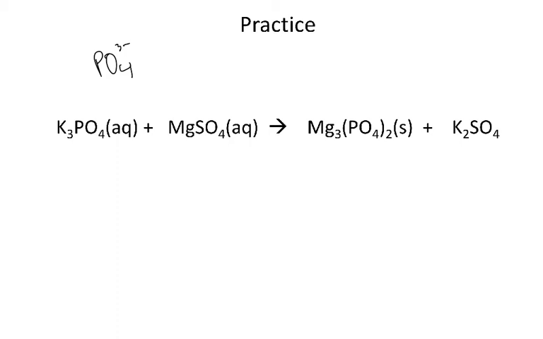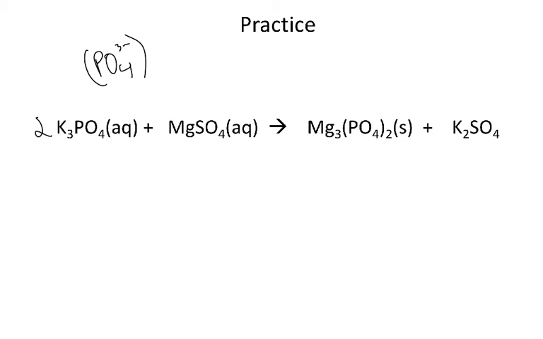We're not so worried about the charge when we're balancing, right? But I'm going to balance it as a phosphate. So I'm going to treat the whole thing, the PO4, as if it was an element, right? And so I have 1 phosphate on the reactant side and 2 phosphates on the product side. So to balance those, I'm going to put a 2 in front of the K3PO4. Now I have 2 phosphates on both sides.